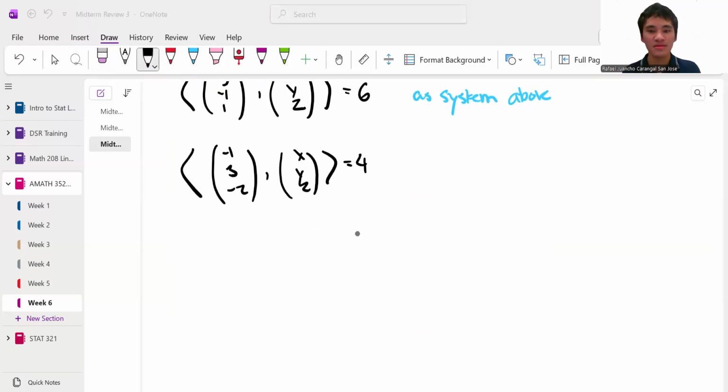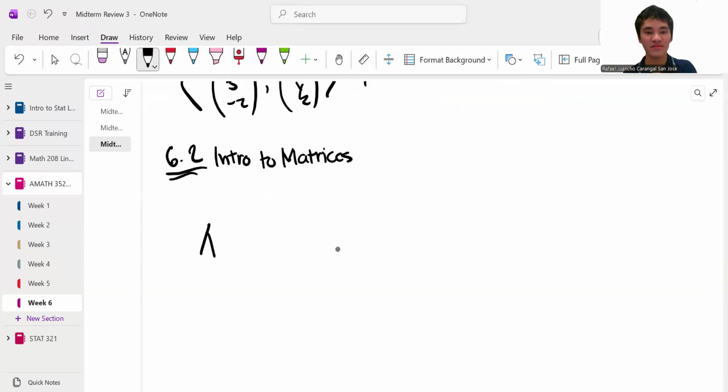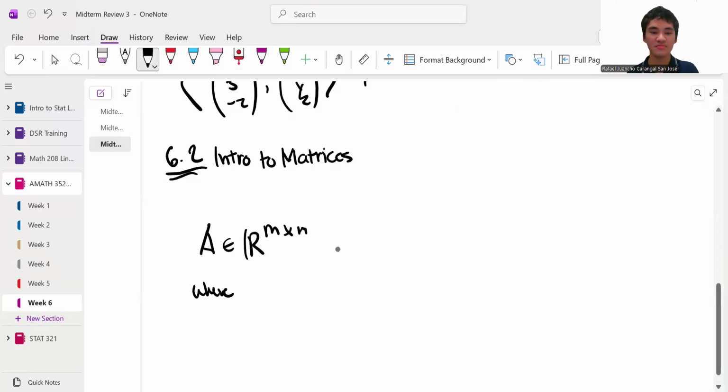But now let's actually introduce what matrices are. Based off of this idea, what are matrices? A matrix is a rectangular array of numbers, and in general, we write R^(m by n) to denote the space of matrices with m rows and n columns. What do I mean by that? Say we have a matrix A, we write it like this, where m is the number of rows and n is the number of columns.